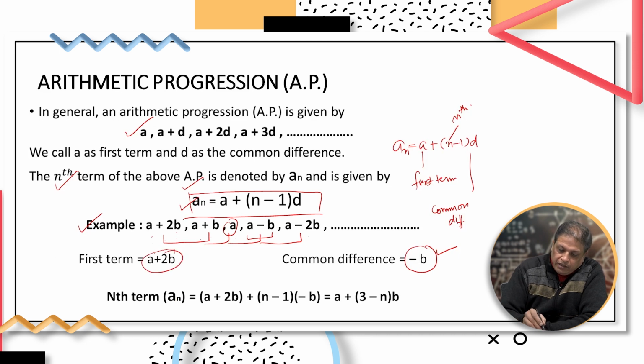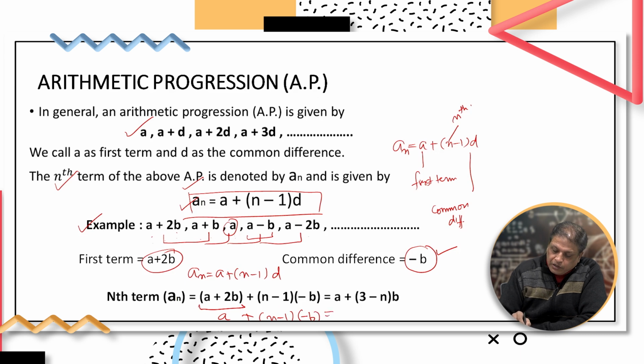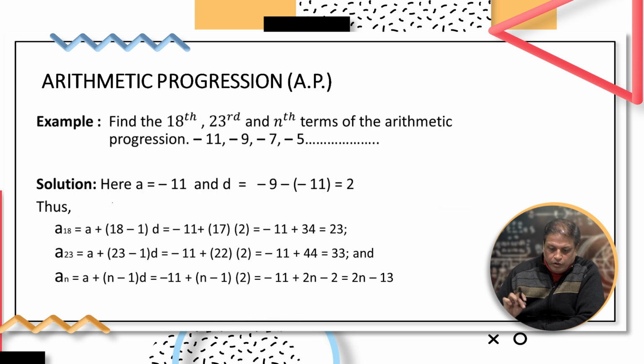By applying the formula a n is equal to a plus n minus 1 into d, with the first term and the common difference minus b, and solving this expression, you will get the answer a plus 3 minus n into b. So this is the nth term of the arithmetic progression given in this example.